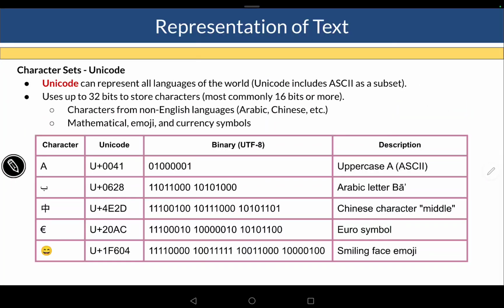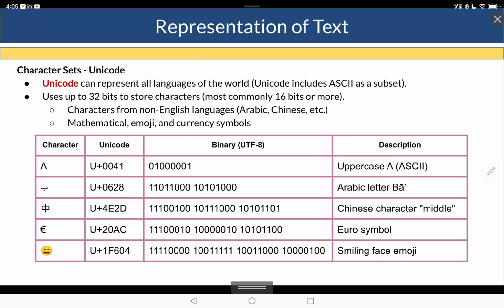Now, Unicode. Because ASCII code is limited, we can only represent about 256 characters. That means that we cannot represent all languages of the world in the computer system. So now we have Unicode. Unicode is a universal character set that can represent characters from all languages, such as Arabic and Chinese.